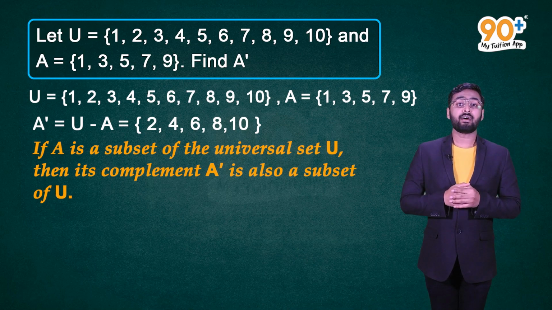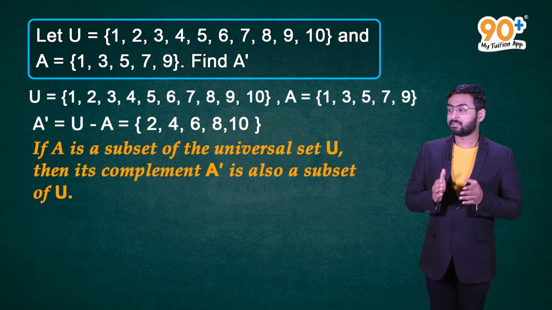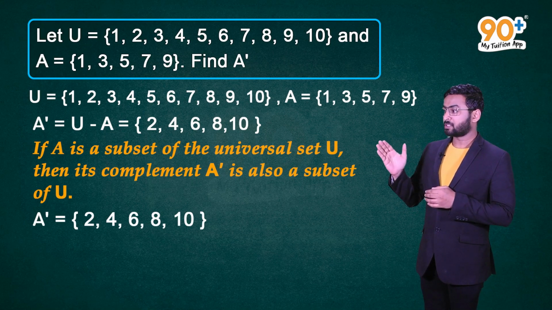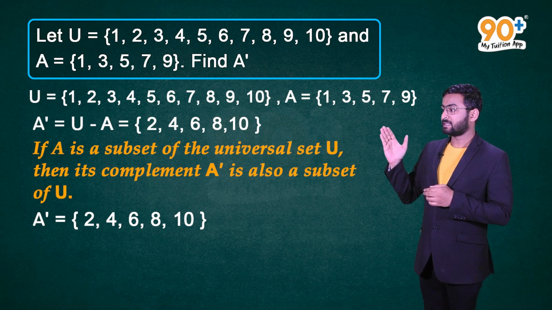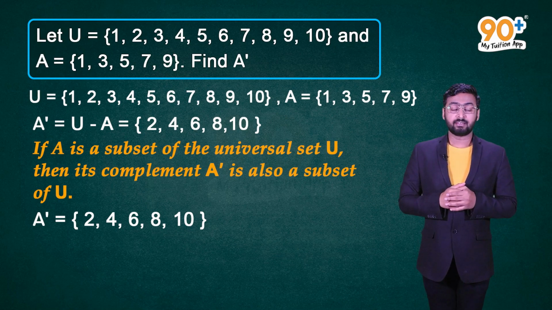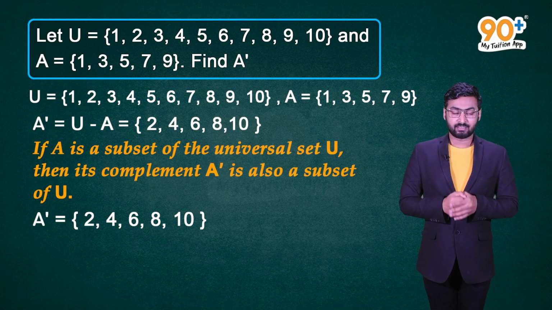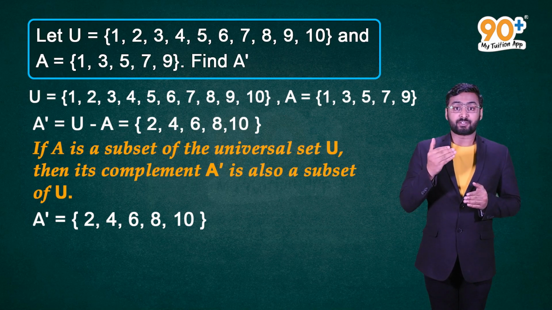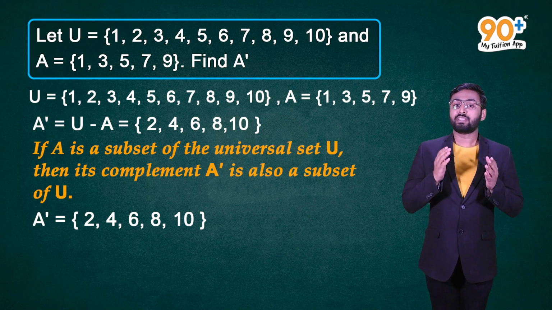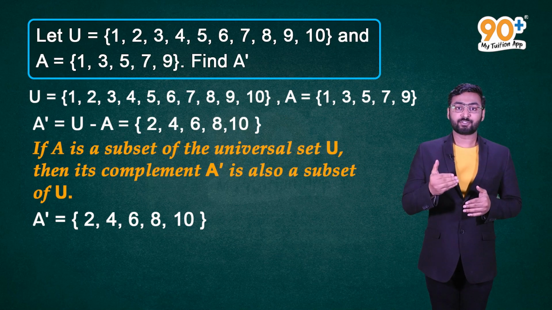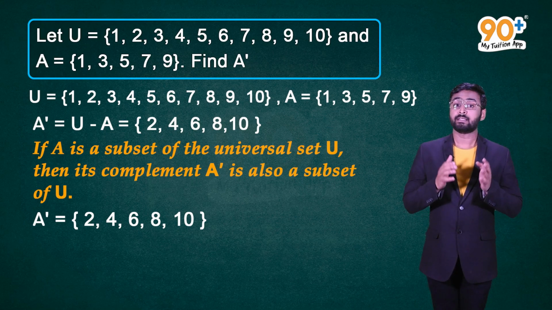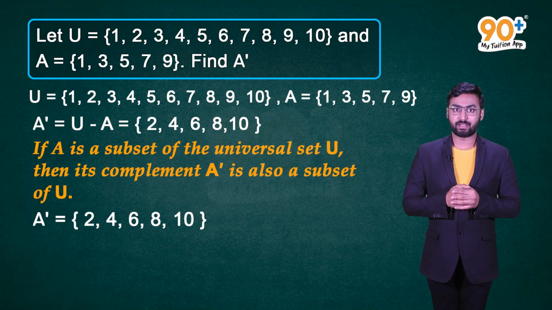Let us consider our last example. Here A complement is equal to set 2, 4, 6, 8 and 10. Then what will be A complement the whole complement? It will be the set of elements which belong to the universal set U but do not belong to A complement. So, what are those elements?